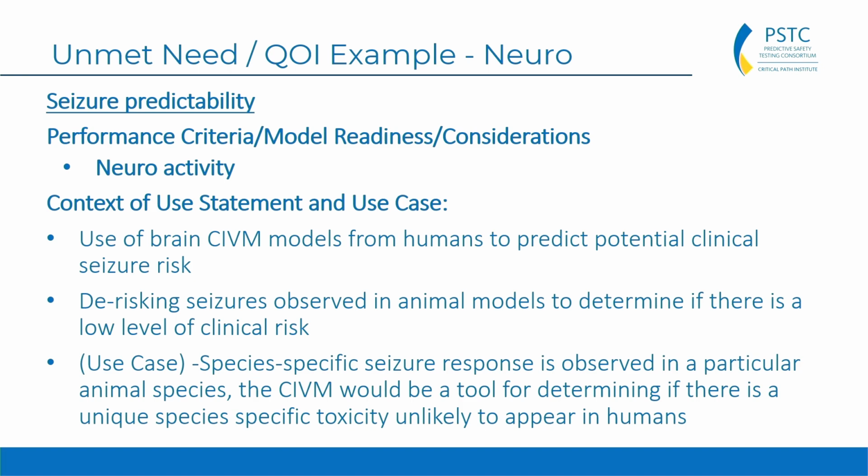So the use case we came up with was also a species-specific seizure response observed in a particular animal species, and then the CIVM model would be a tool for determining if there is a unique species-specific toxicity that is unlikely to appear in humans.